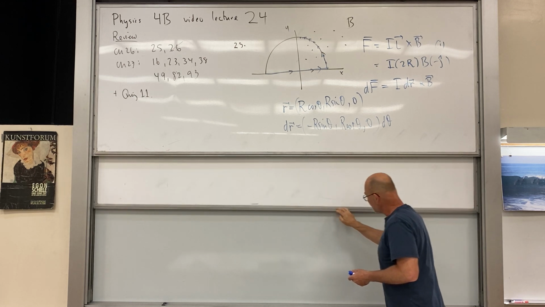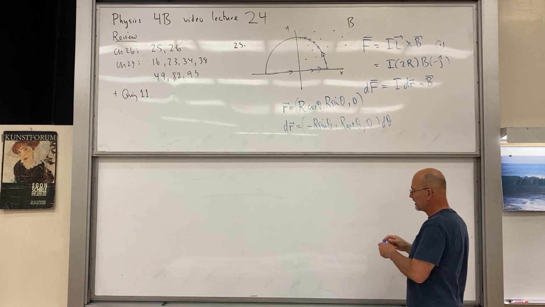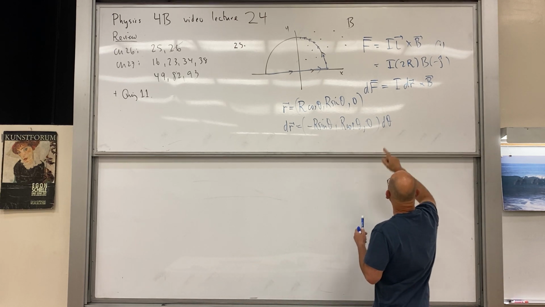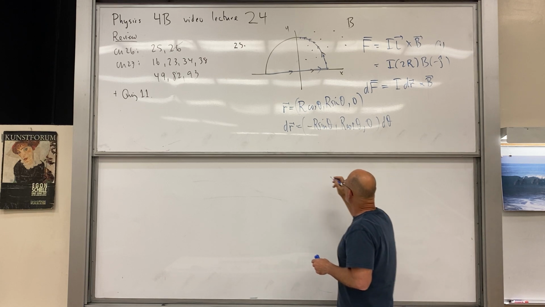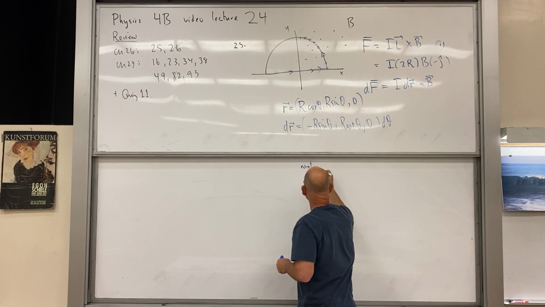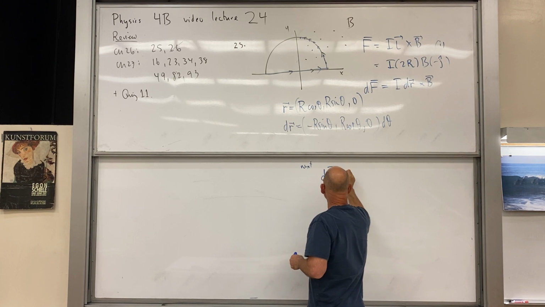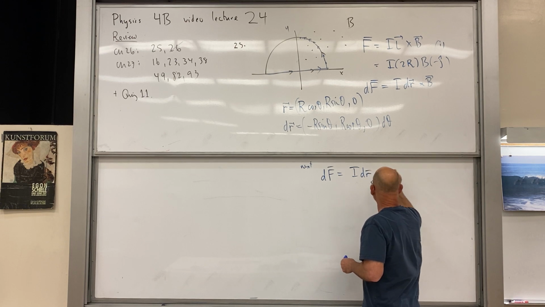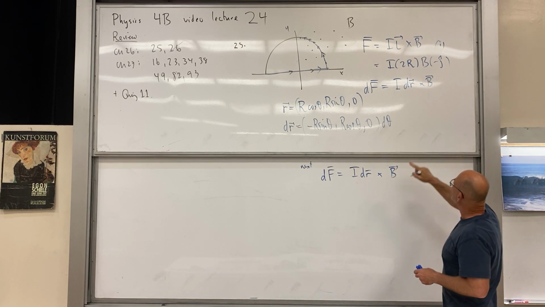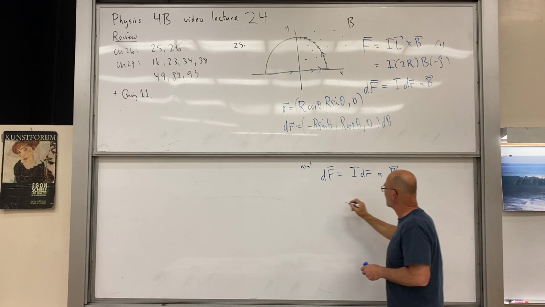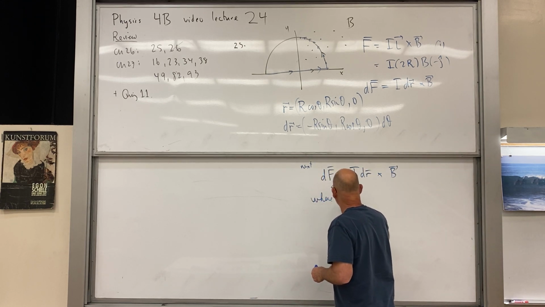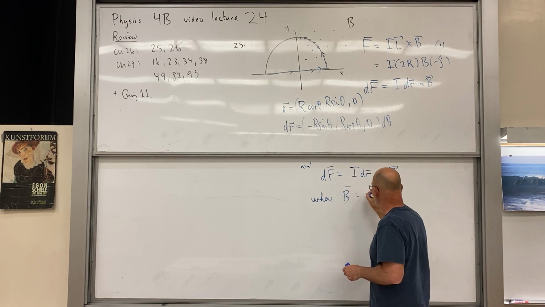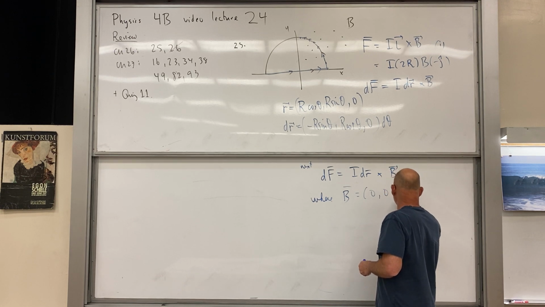And now we have to do dr cross B. So next, dF is equal to I dr cross B, and that vector B, see, that's why we need the z-axis. The z-axis is coming out of the board, so the vector B is equal to 0, 0, B, like that.